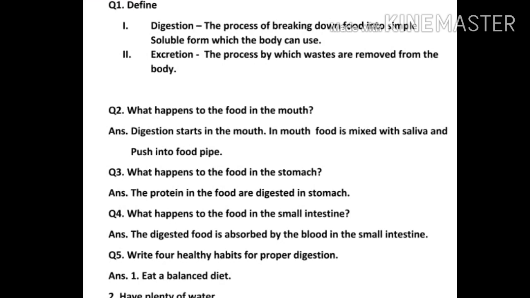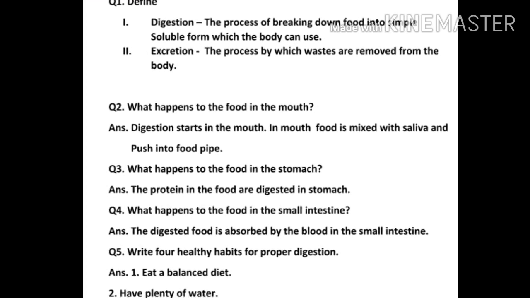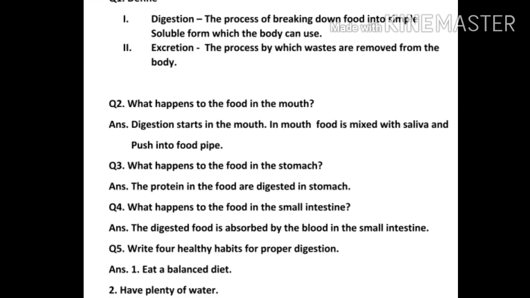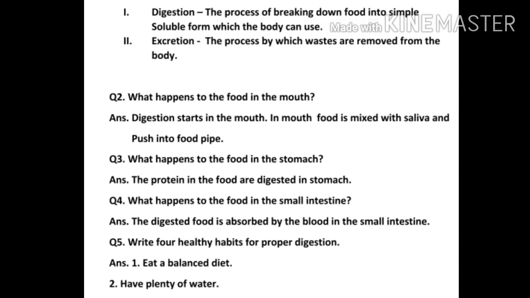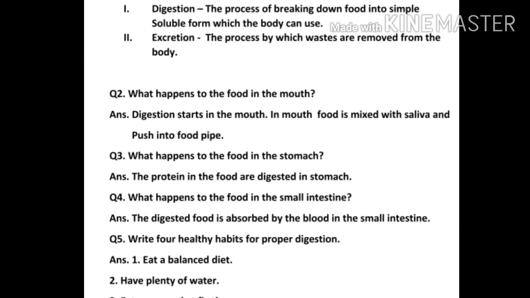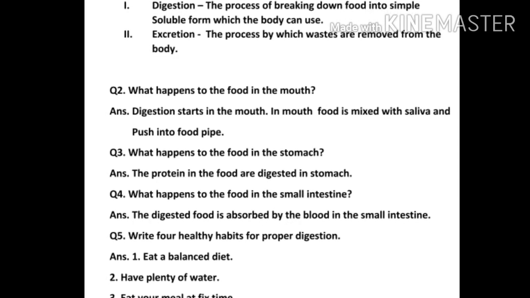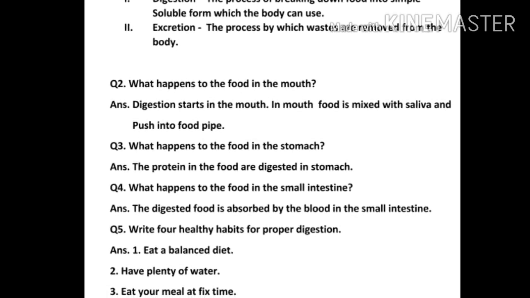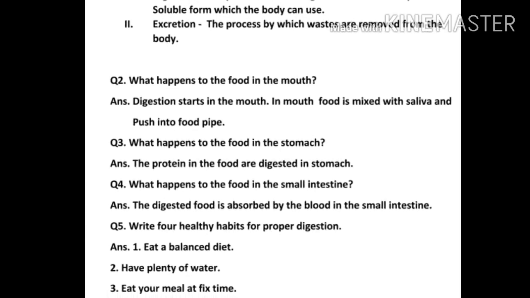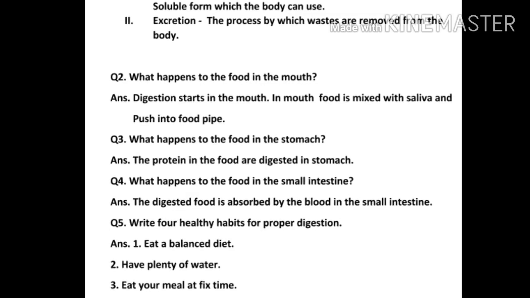First is define digestion. Digestion is the process of breaking down food into simple soluble form which the body can use. Next we are having excretion, the process by which waste is removed from the body.